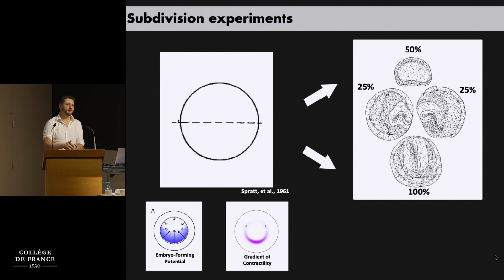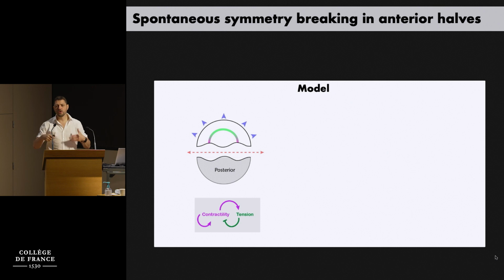This is unclear. That's been called a random process. But now the same model that explained the flow in the embryo predicts here that if you cut the embryo, because you have a gradient of contractility, you have a bias, and the embryo should form rather from the edges than from the opposite side.